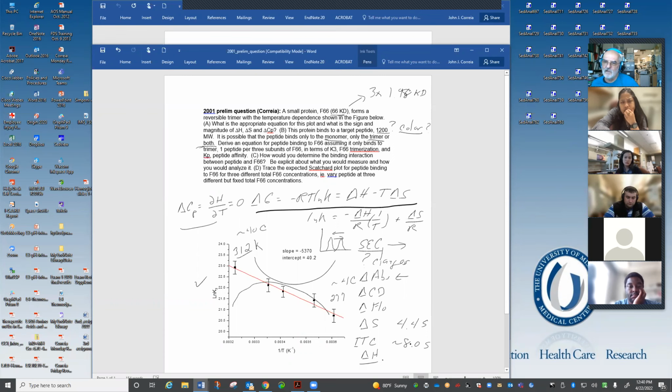Because it's an increase in molecular weight, the diffusion coefficient goes down. I'm guessing numbers here, but it might go from 7 Fic down to 5 Fic or something. So you would see a decrease in the diffusion coefficient. That would be a relatively easy experiment to do, although it wouldn't be as sensitive.